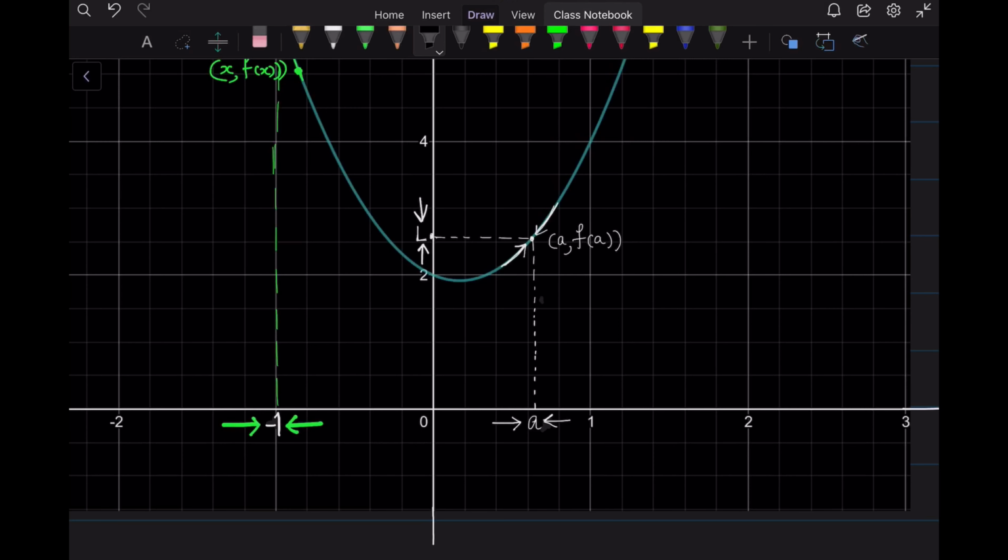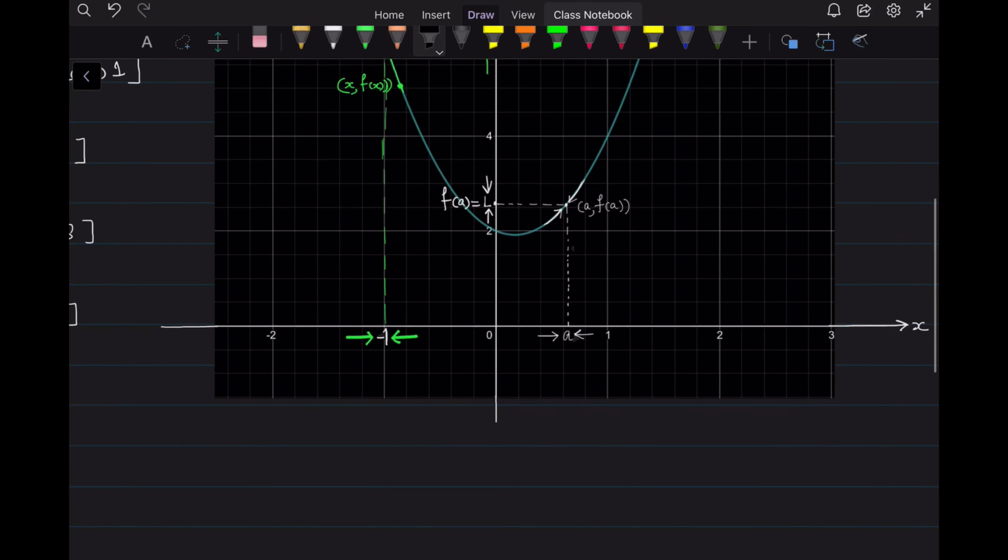And because a polynomial function is defined on the entire set of real numbers, this f of a is defined. On top of that, we see that the limit of a polynomial function as x approaches a is equal to the value of the polynomial function at x is equal to a. So this limit is the same number as the value of this function at x is equal to a.